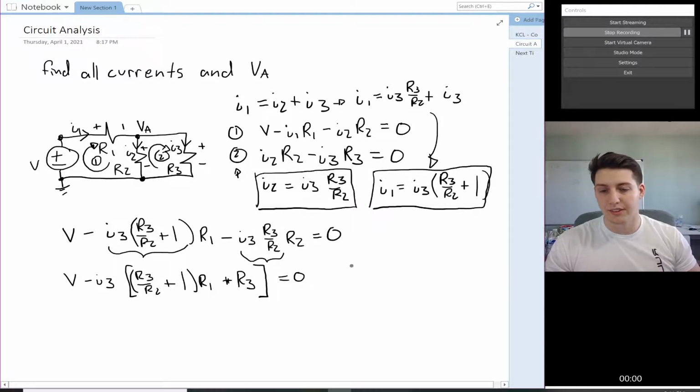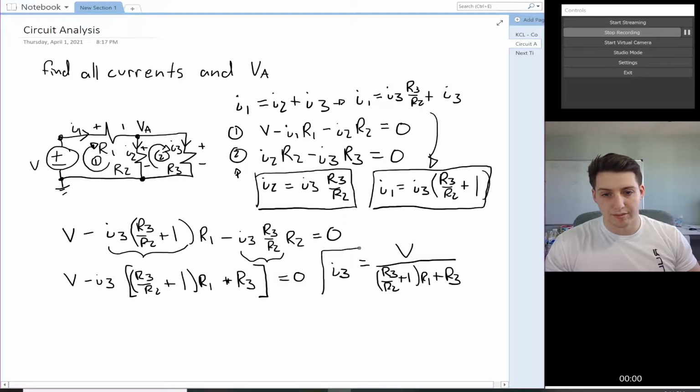What this allows us to say is that I3 is equal to V over ((R3 over R2 plus 1) times R1 plus R3).